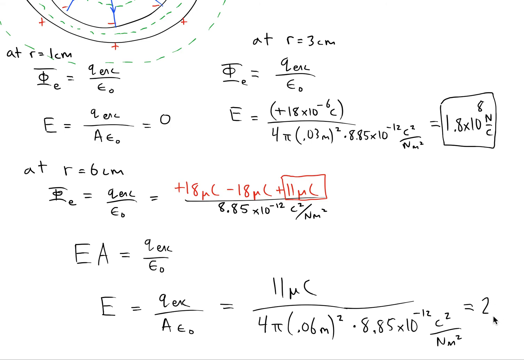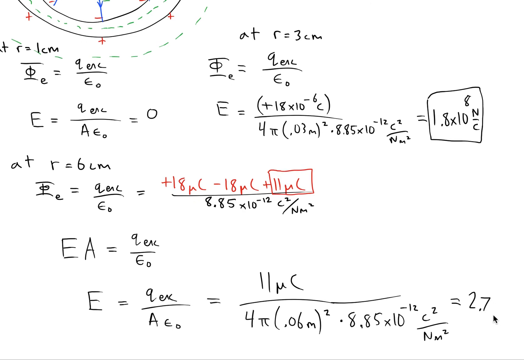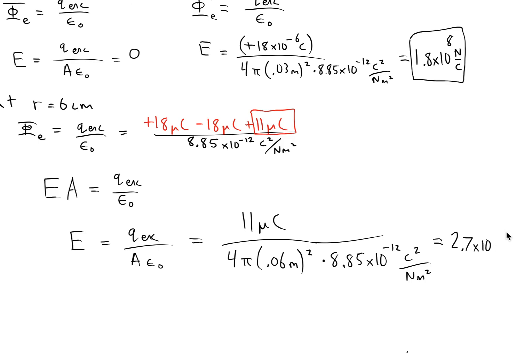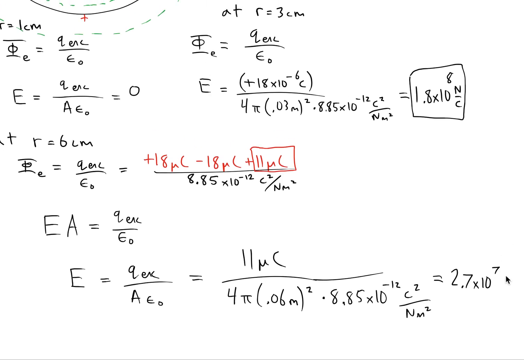And I get 2.7 times 10 to the 7 newtons per coulomb.